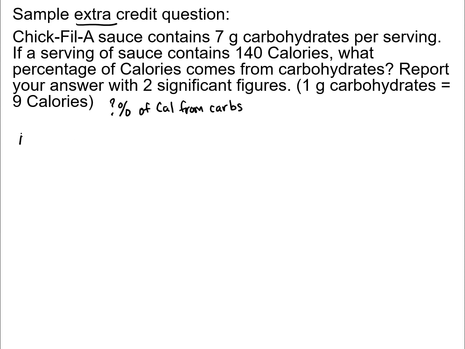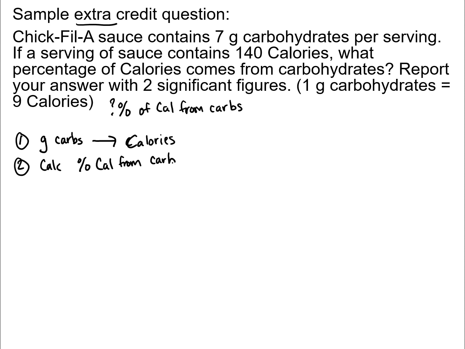To figure that out, we've got to do 2 things. 1, take the grams of carbs and convert that to calories. Then we have to calculate the percentage of calories from carbohydrates.